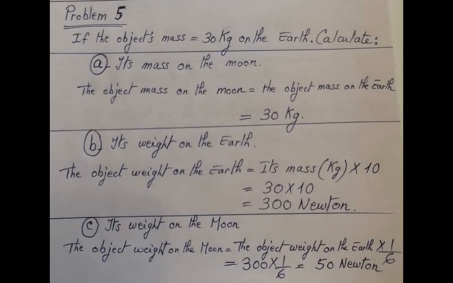Number C, the third requirement: its weight on the moon. After finding its weight on the earth, I want its weight on the moon. The object's weight on the moon equals the object's weight on the earth times 1 over 6. 300 times 1 over 6 equals 50 Newton.